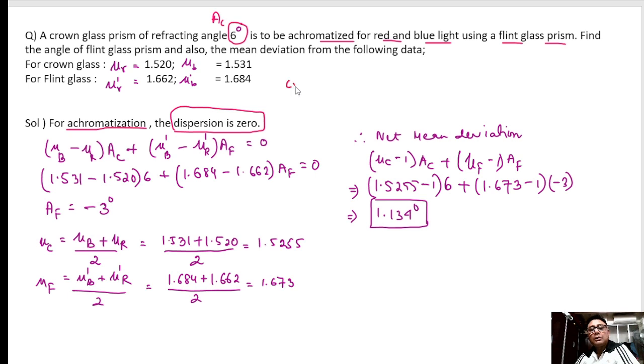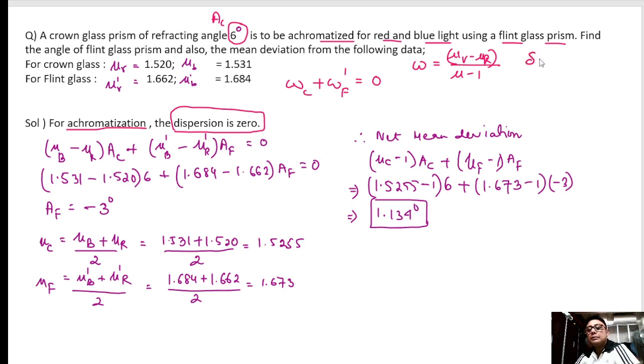As we know, omega plus omega dash should be 0. So omega for crown glass and omega for flint glass should sum to 0. Clear? So omega is mu v minus mu r by mu minus 1. Clear?